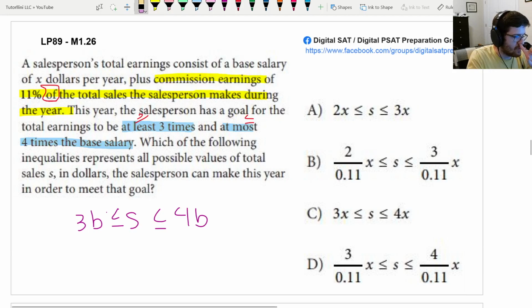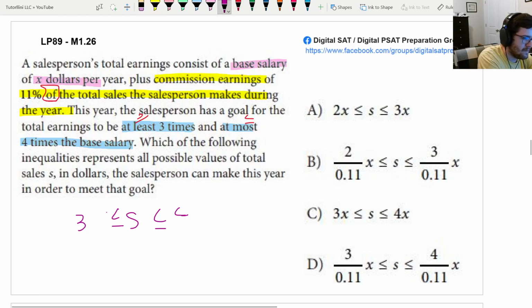Okay, so now really all we have to do is come up with an expression for the amount that he makes. Oh, they already told us, by the way, X is the base salary. So I'm going to get rid of these B's and put X's.